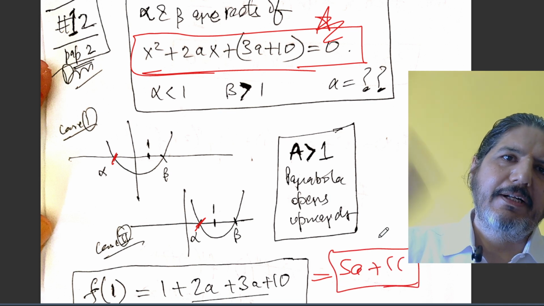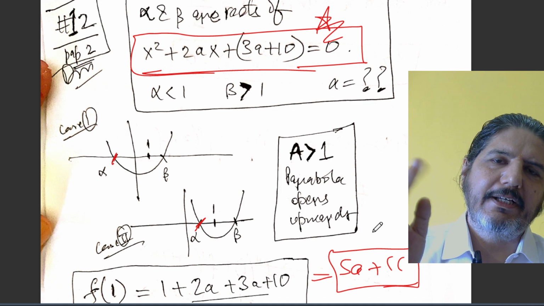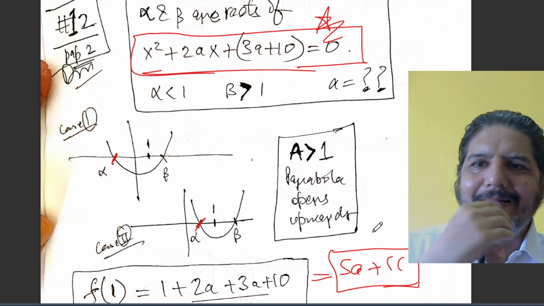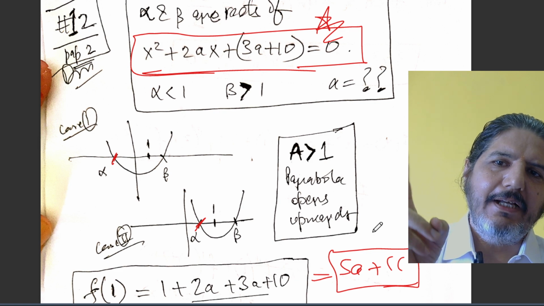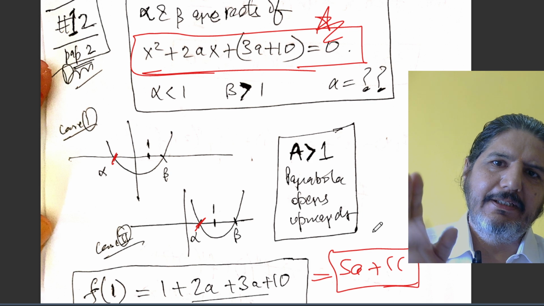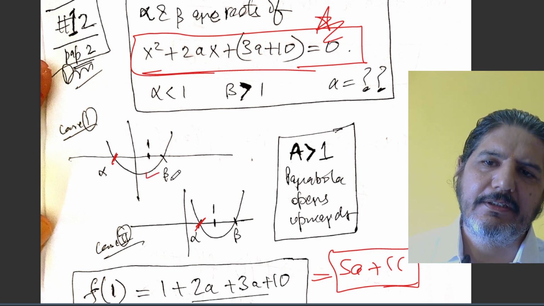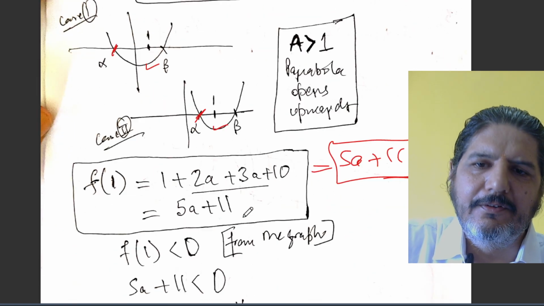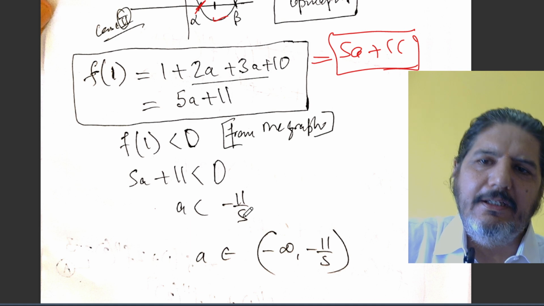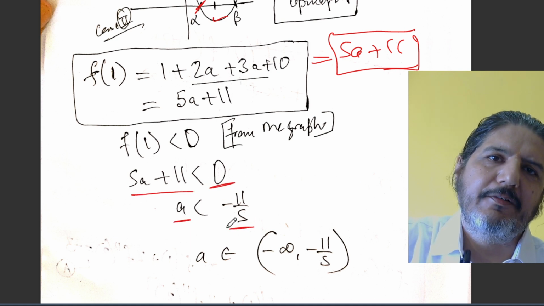Now look at case 1 and case 2, and you will see something beautiful happening in both the cases. The value of the function at x is equal to 1 is always negative. In this case it is negative, in this case also it's negative. These are the only possible cases. So that is why 5a plus 11 is less than 0, and a is less than minus 11 by 5.